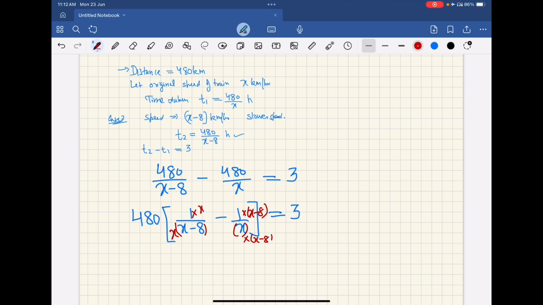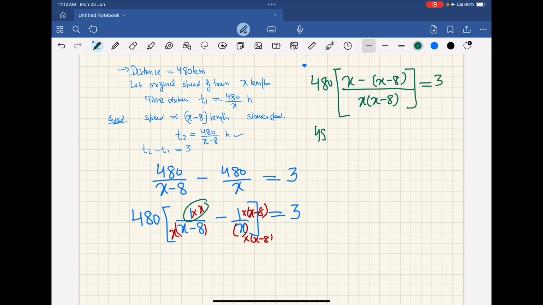अब हम solve करते हैं ये bracket वाला part. Okay, मैं यहाँ पे इसको यहाँ से शुरू करता हूँ. I will start from here. Let me change the color. Let me use green color. So I have already taken 480 common. Now within brackets I have x minus 8 over x into x minus 8, which is equal to 3.